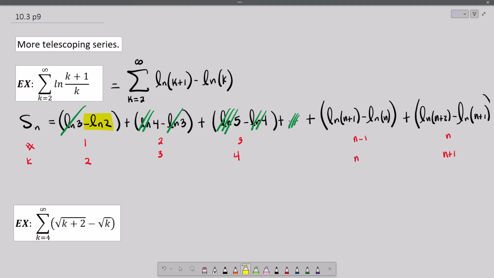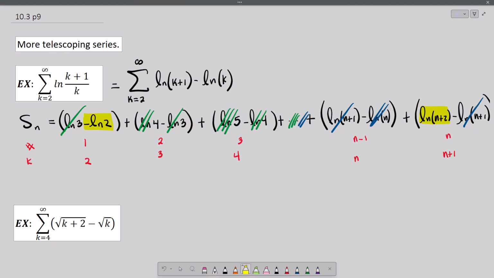When we go this way, from here to here, it's the second part that cancels with first part of prior. And then we come here, second part cancels with first part of prior. And that pattern that we've seen already persists. If we had one part in the front that lived on, then we have one part in the end that lives on.